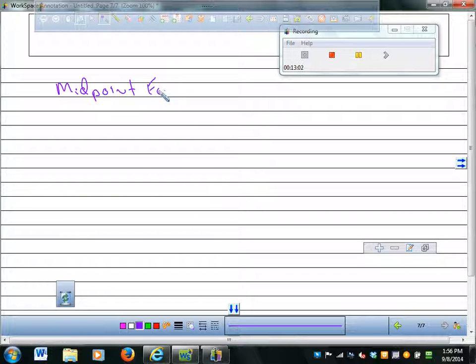The midpoint formula is (x1 plus x2) divided by 2, (y1 plus y2) divided by 2.